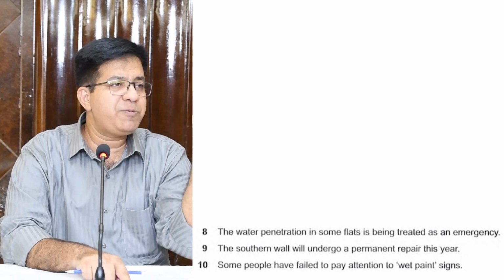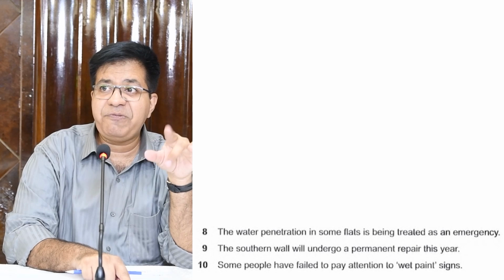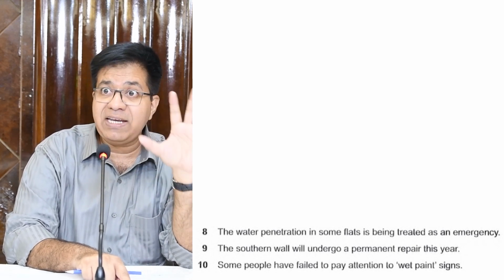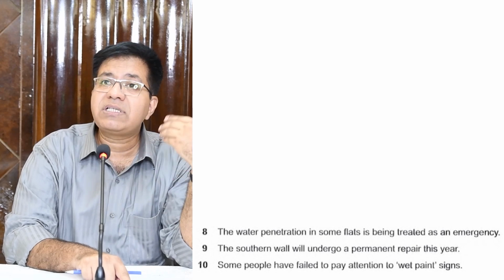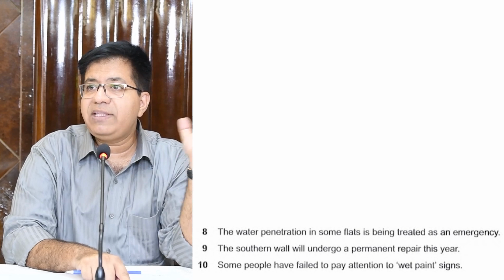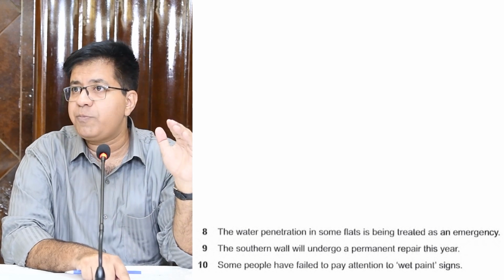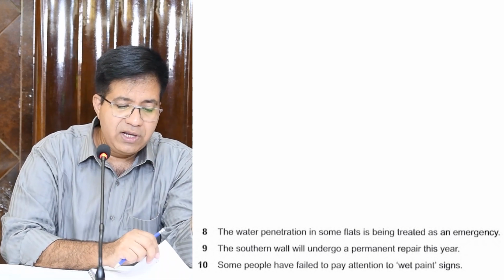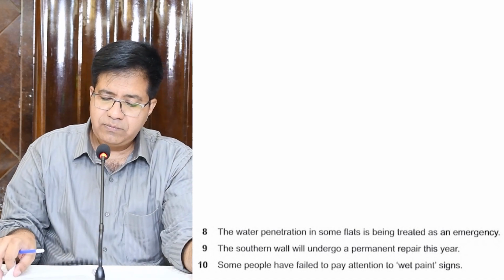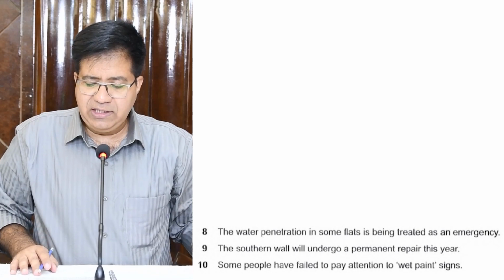Now they have a wet paint sign and some people have failed to pay attention. Answer is true. If people have paid attention to that, they have succeeded to pay attention, answer is false. And if they don't tell us whether people have failed or succeeded to pay attention, it is not given. So the clue word is wet paint sign. Look for wet paint sign, wet paint.